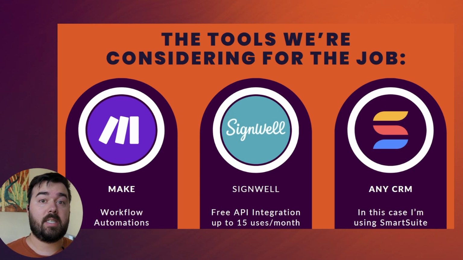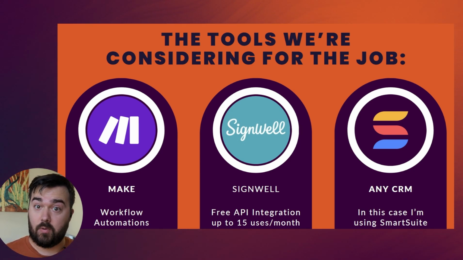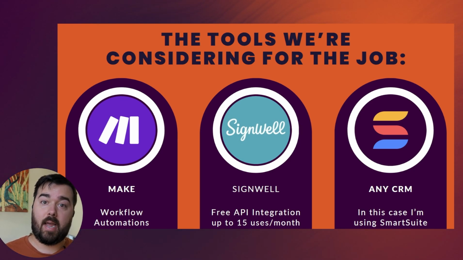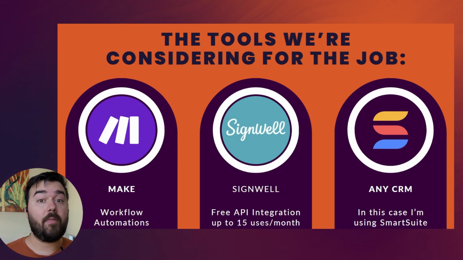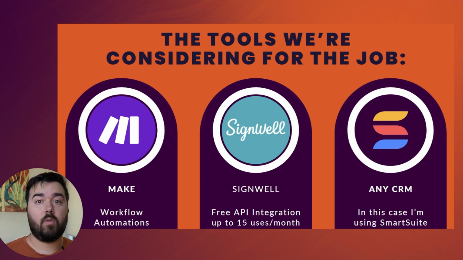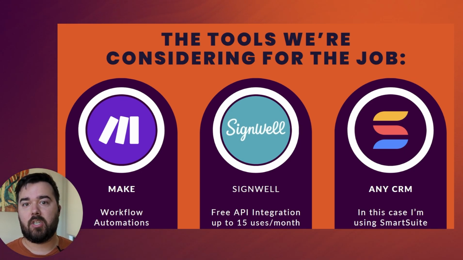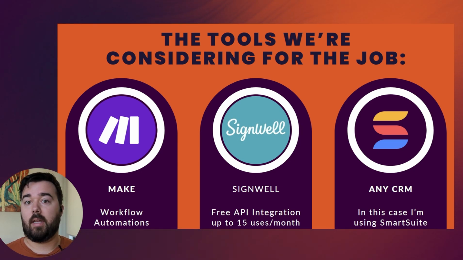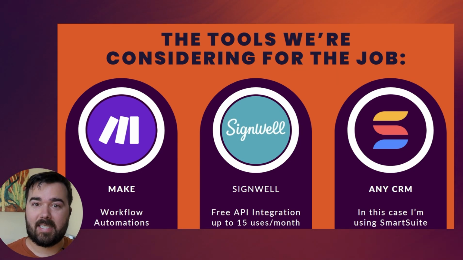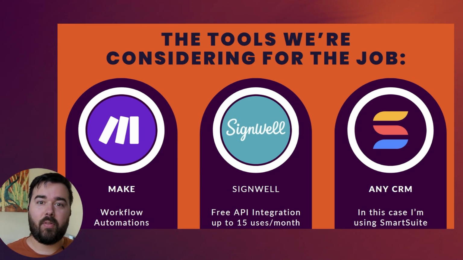But the best part is that this software allows you 15 free API uses a month. So that means if you have this process set up, you could create up to 15 documents per month for free. So if you're not quite at the level where you need to have more, or you're making hundreds of contracts a month, you're probably on a whole different level than this.